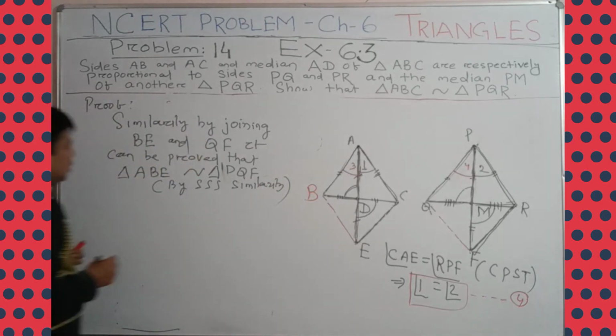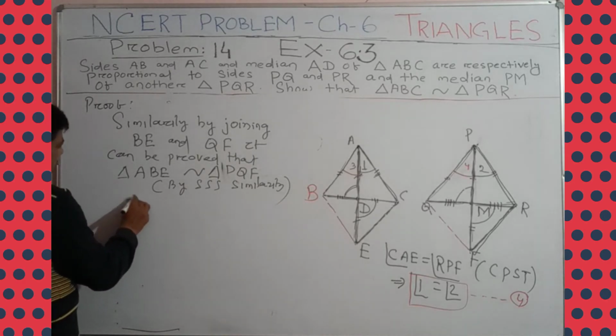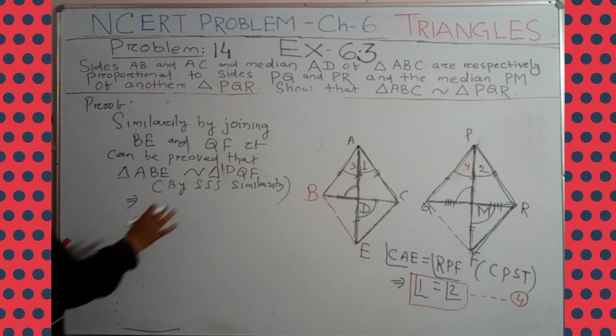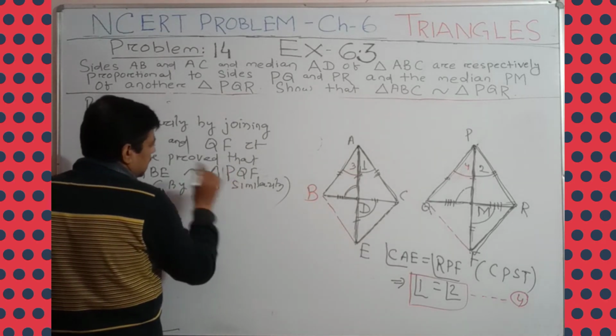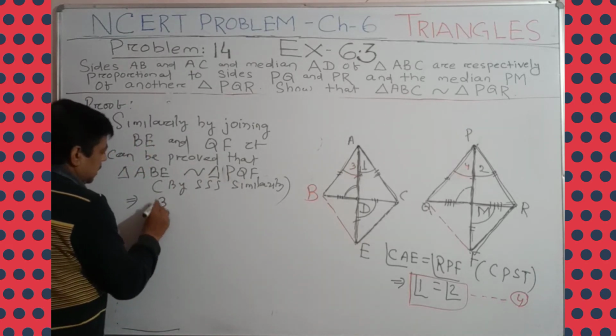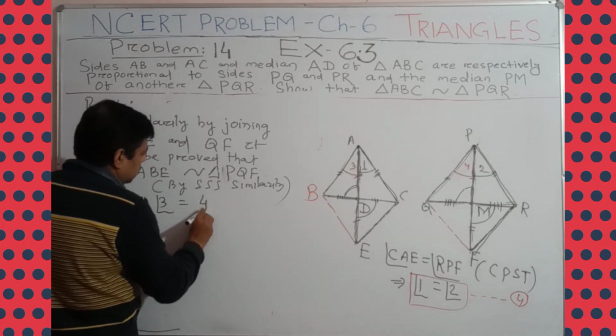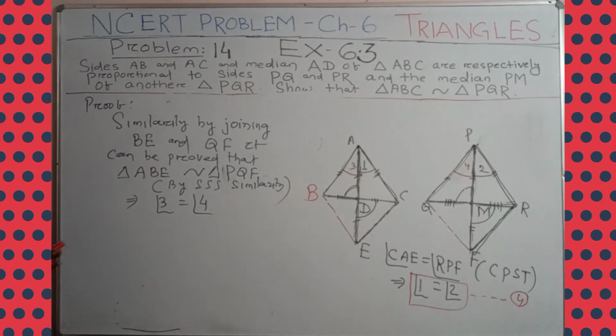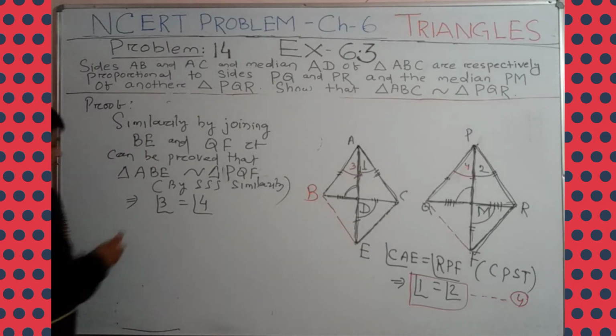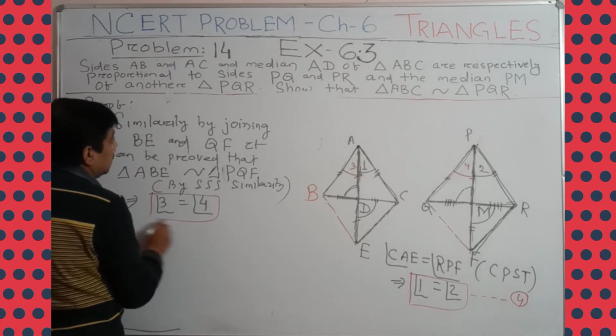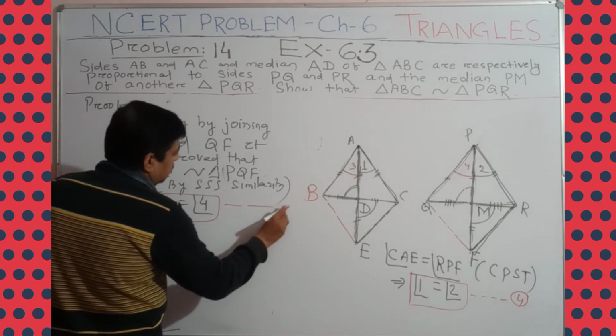Understand or not? Since the triangle ABE is similar to triangle PQF, their corresponding angles are equal. That implies angle 3 is equal to angle 4. And this is another point we got. This is the point number 5. Okay? Understand?